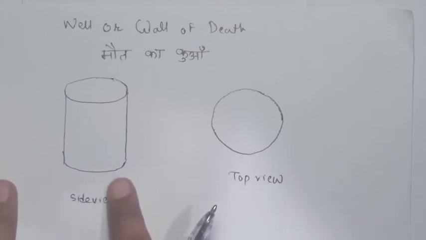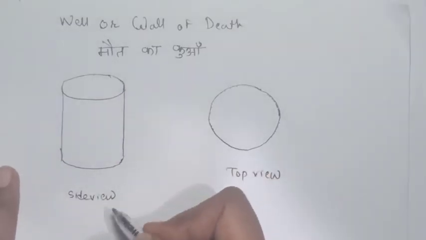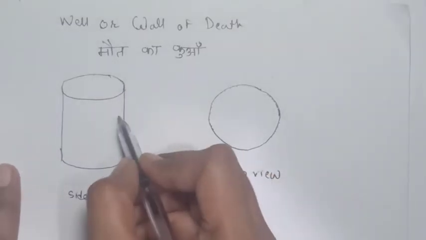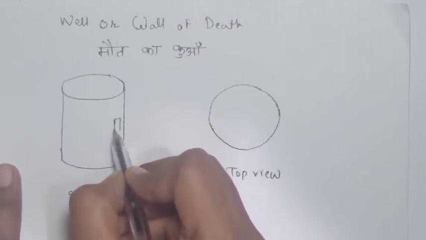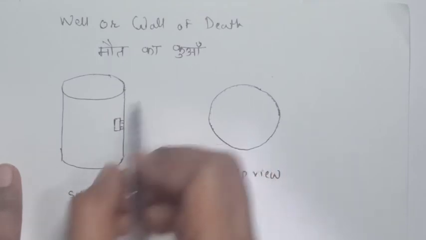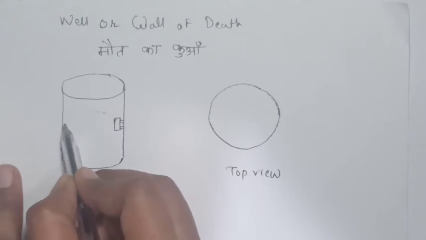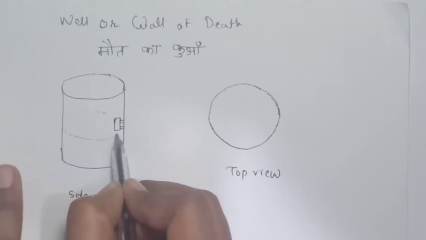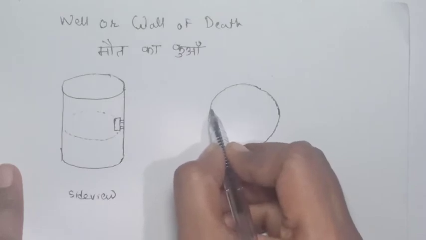So in the side view you will see the vehicle performing circular motion. So let's draw an image of that car. This will be the side view. This vehicle will perform circular motion inside the cylinder. In terms of top view, you will get an image like this.